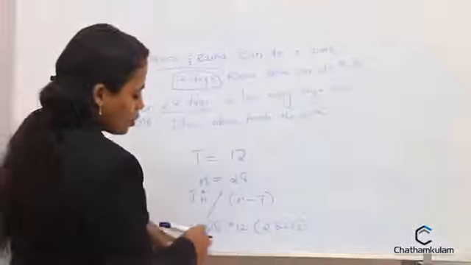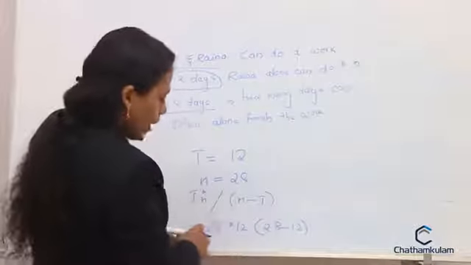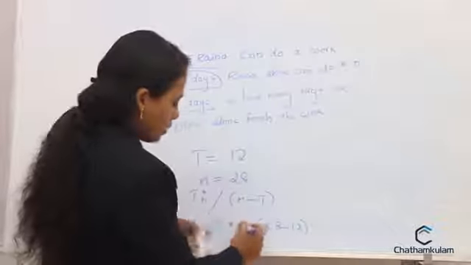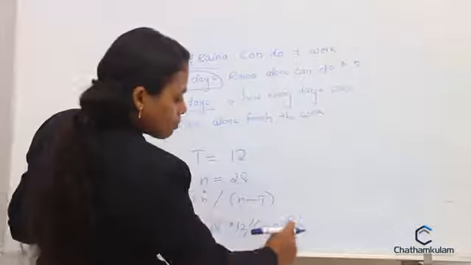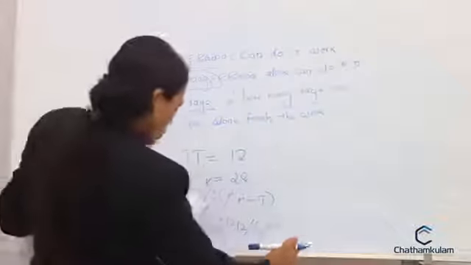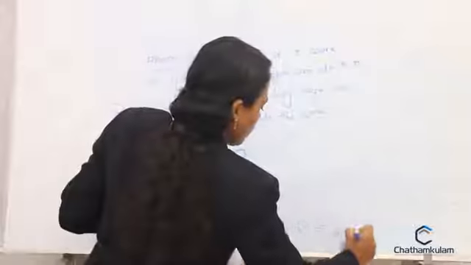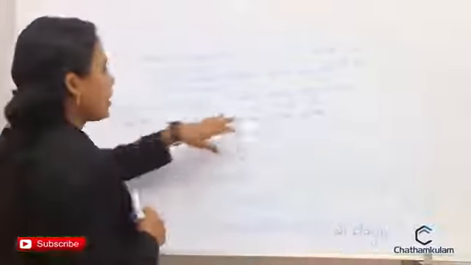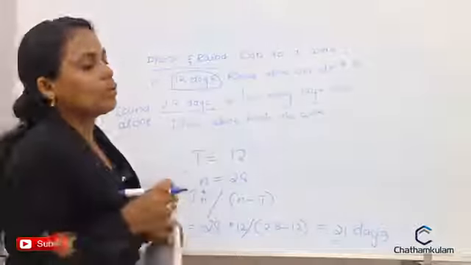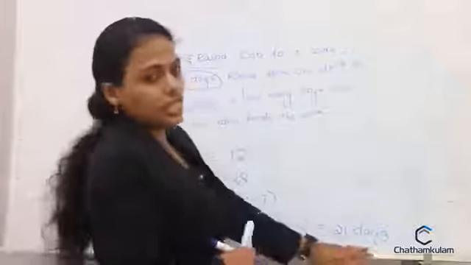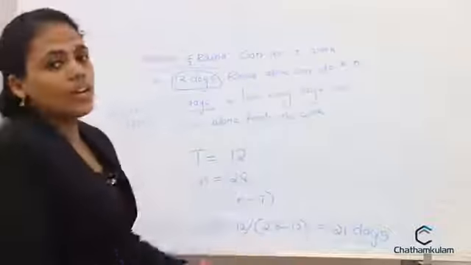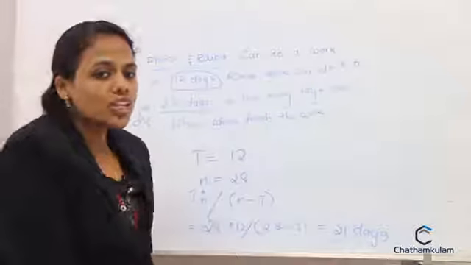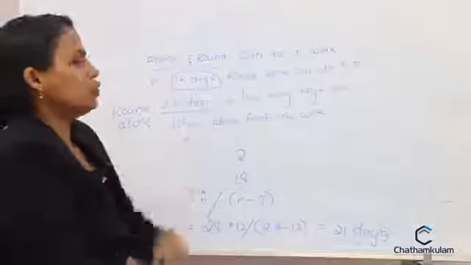So 28 is Reina's total days alone, multiplied by 12, divided by 28 minus 12 days. So we will get 21 days. So how many days can Dhoni alone finish the work? It is 21 days. So 21 days are required for Dhoni alone to finish the work.